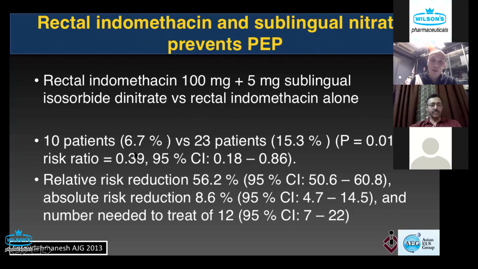They found that with this combination therapy, they can reduce post-ERCP pancreatitis from 15% to 6.7%, with an absolute risk reduction of 8.6%, and the number needed to treat was 12. So again, favoring the use of sublingual nitrates. But the main issue is we need to exclude patients who have cardiovascular disease if we are giving sublingual nitrates to these patients.